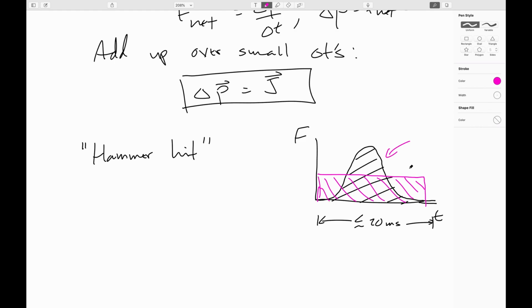So these areas on a curve would be equal. And then this value right here, whatever height you need here to make these areas equal, would be a reasonable definition of the average force being exerted on something.